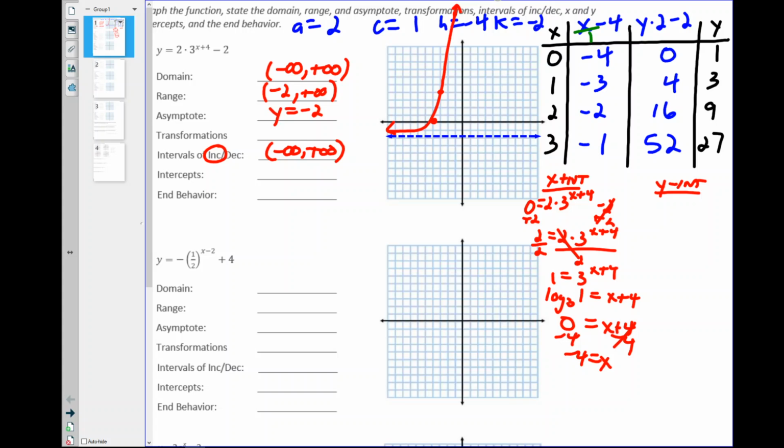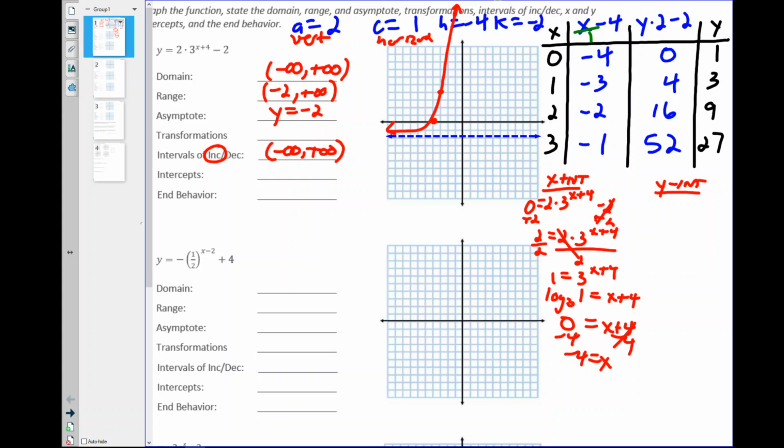A is always vertical. C is always horizontal. If A is greater than 1, anytime either of them are greater than 1, I know this is not going to do well on the video because you can't see me, it's going this way, right? So if it's coming from A, how would you describe that motion vertically?